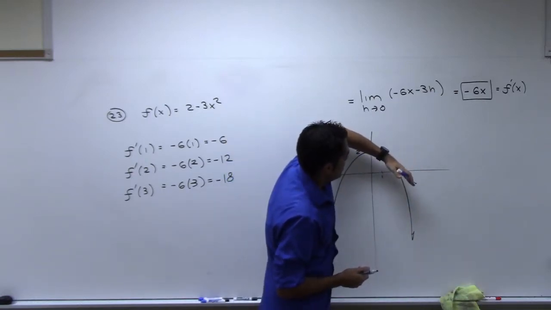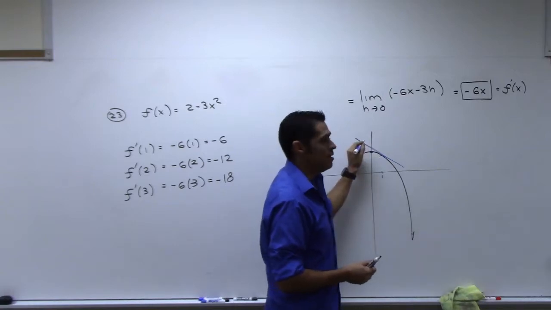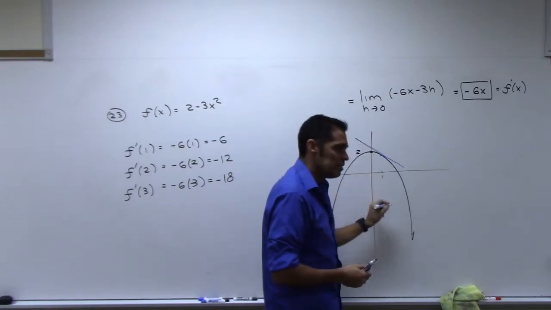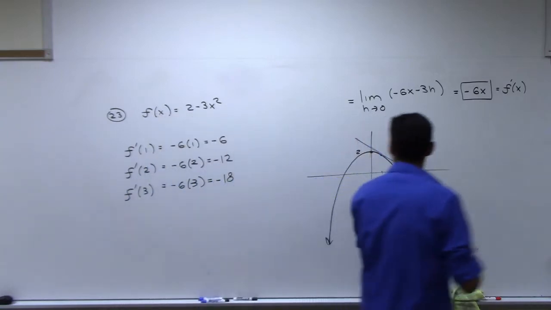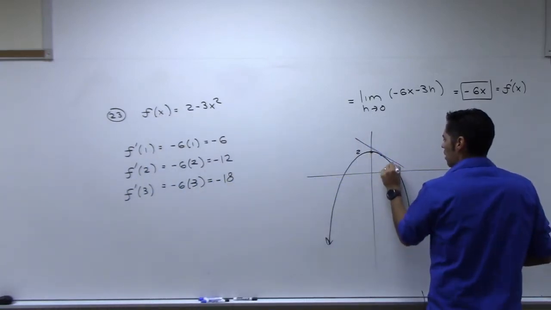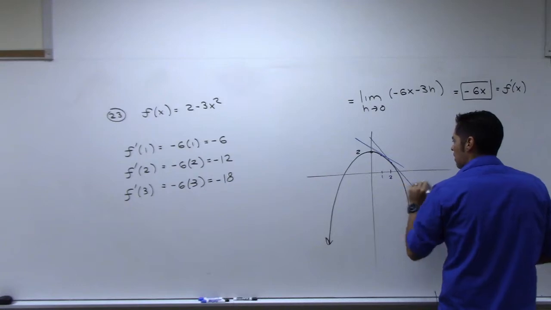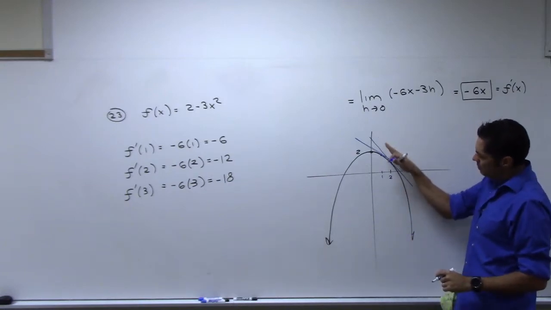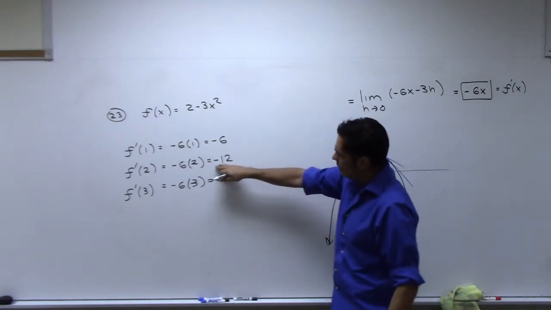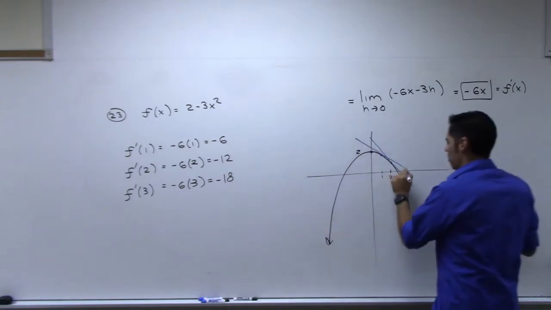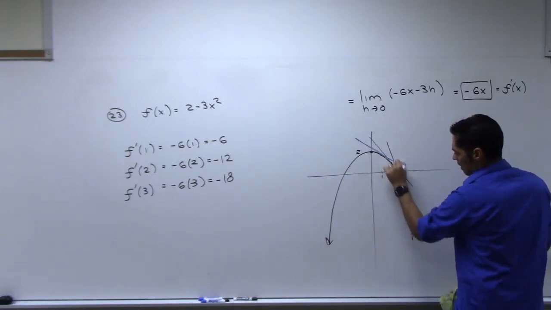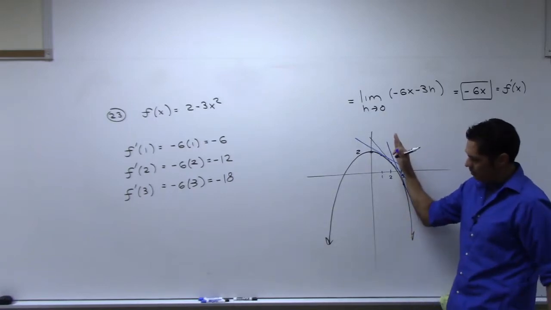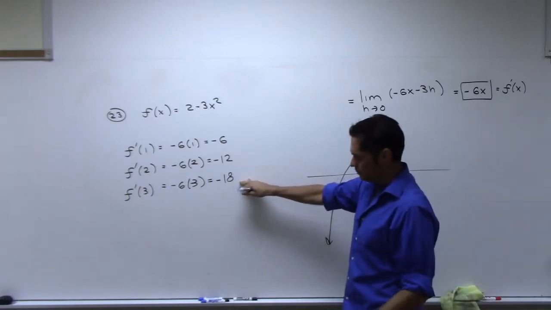It has a slope of negative 6, which means that line you go down 6 over 1, down 6 over 1. But if you move to 2, which is a little further out, and go here, our tangent line's like that. So look, it's steeper. It's negative, but it's steeper, which is why you get negative 12. And if you go out to 3, let's say 3 is here, to the graph, and look at that tangent line, it's even steeper, which is why it's negative 18.